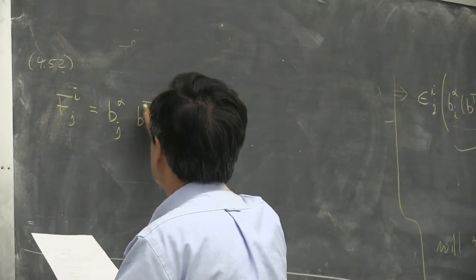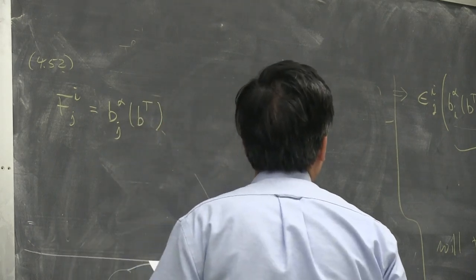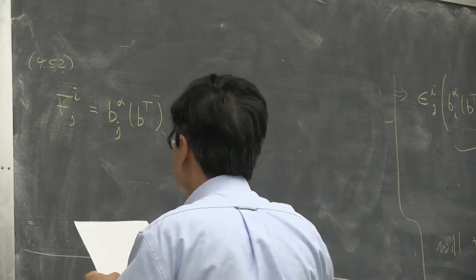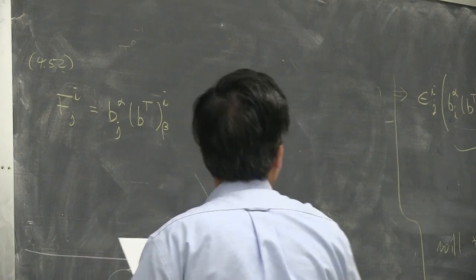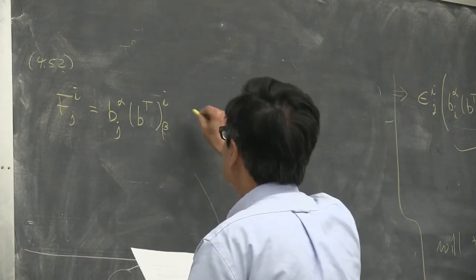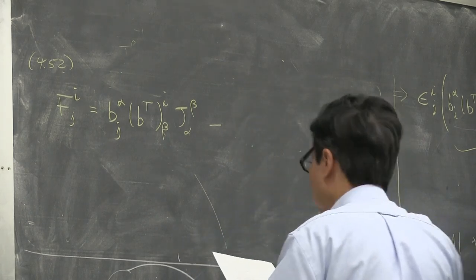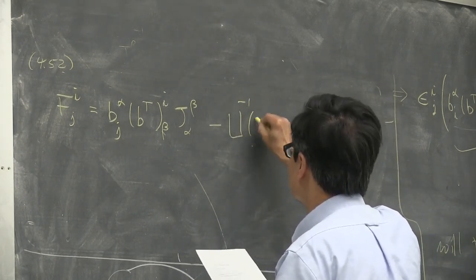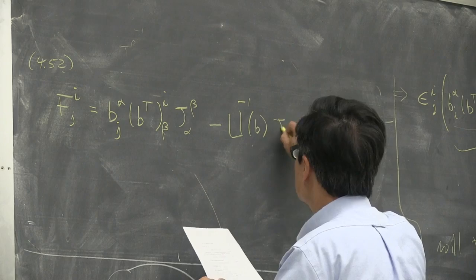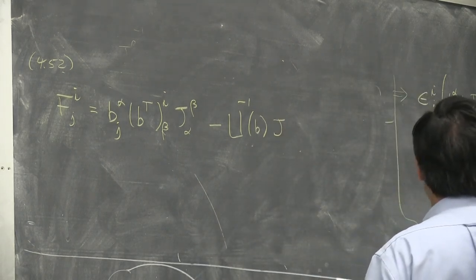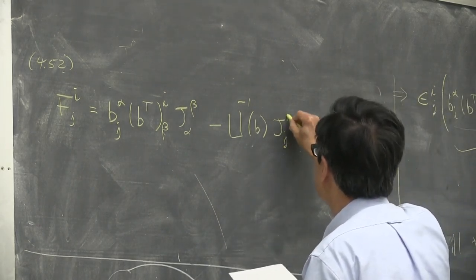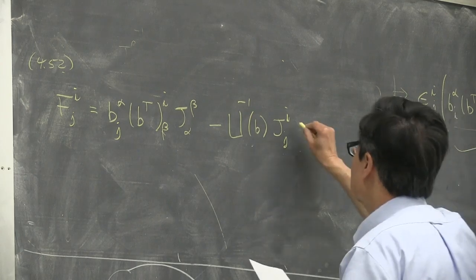And then B transpose, instead of beta j, I must have beta i. And then J alpha beta, minus the inverse of B. Instead of Jij, I have Jji. B.